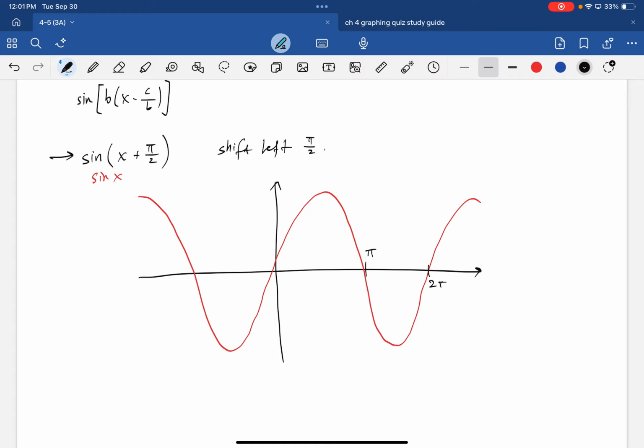This is 2 pi. This is negative pi. Well, our new graph, sine of x plus pi over 2, would be a shift left by pi over 2, which would look like this.